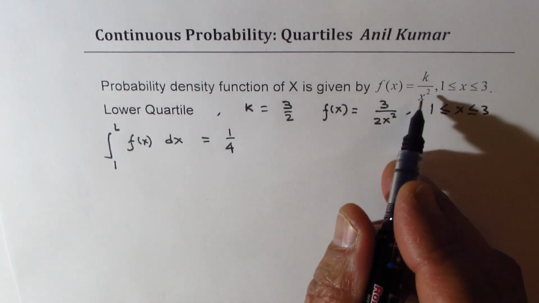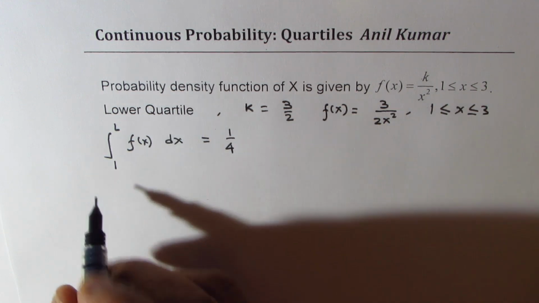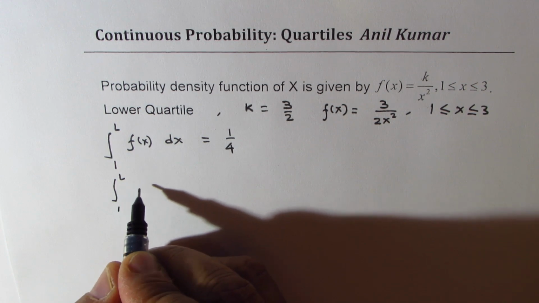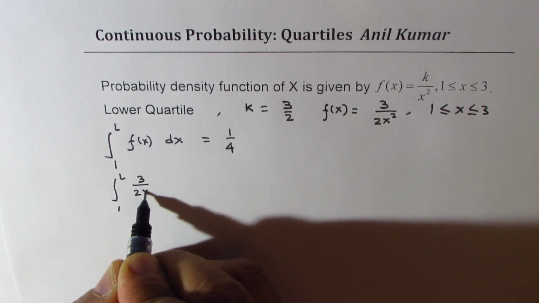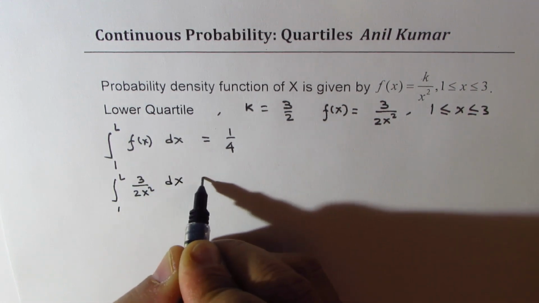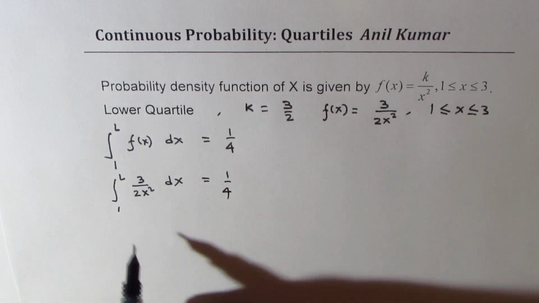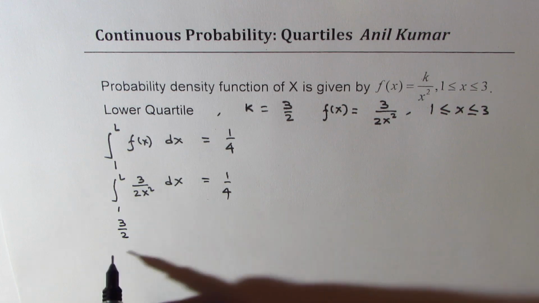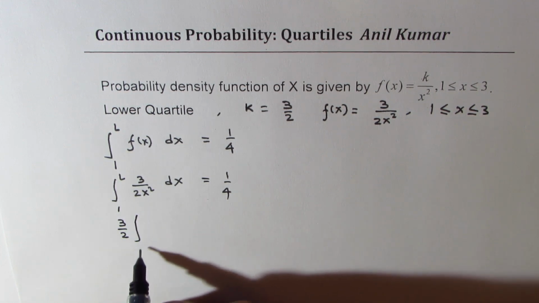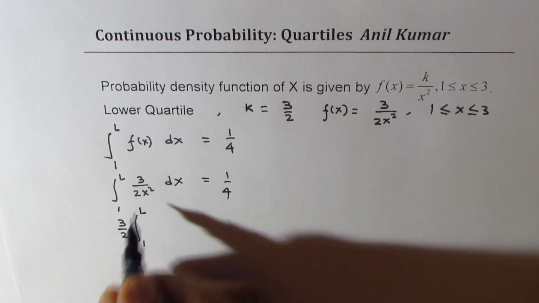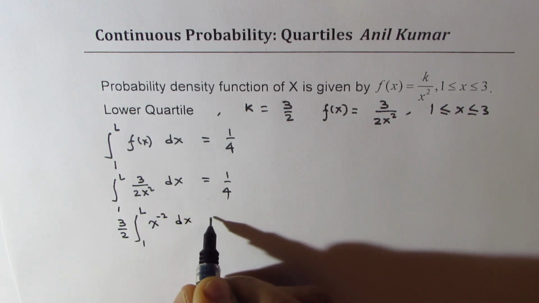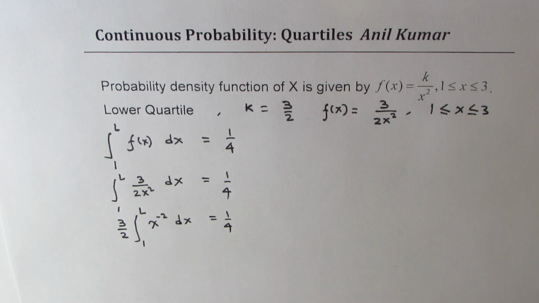So substituting the value for density function, we get the integral of 3 over 2 x squared dx. That should be equal to 1 over 4. And we know 3 over 2 is a constant, we need to integrate from 1 to L, x to the power of minus 2 dx. That should be equal to 1 over 4.